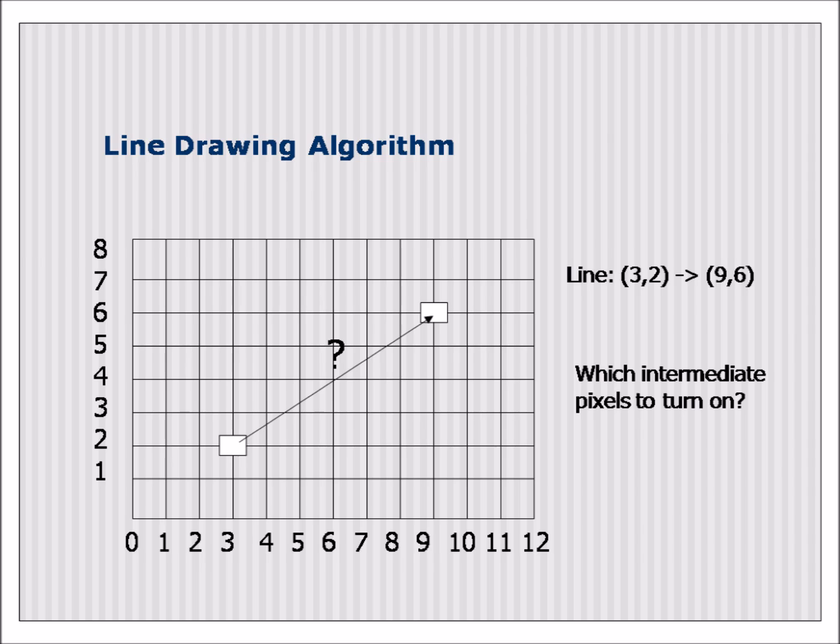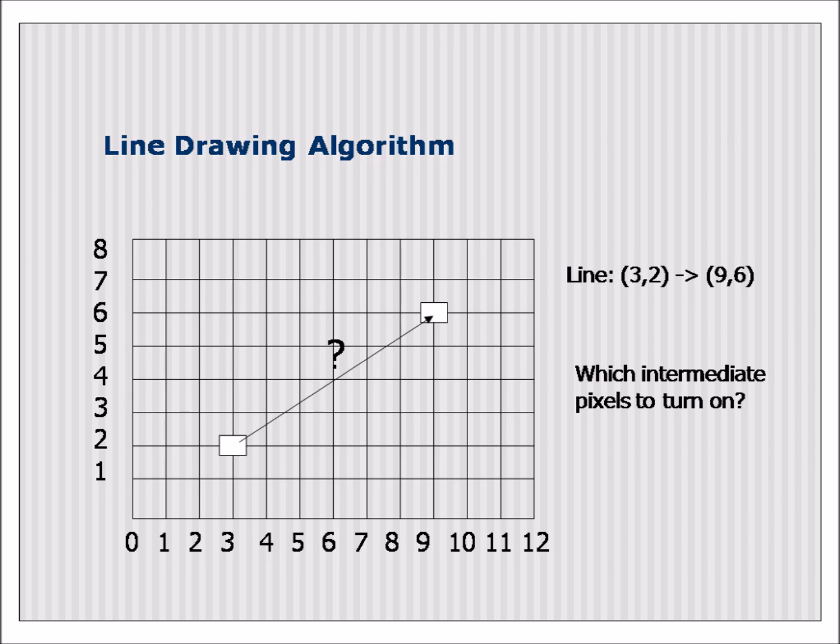And the ending point is 9, 6, which is the intersection of column 9 and row 6, as you can see on the grid in the white rectangle.